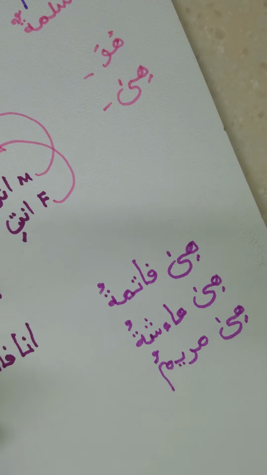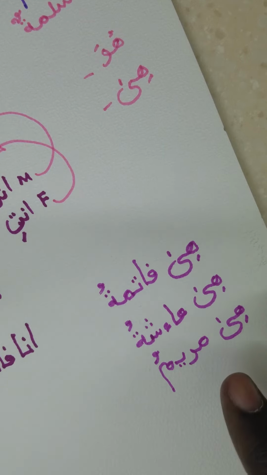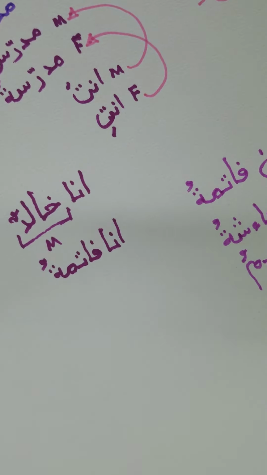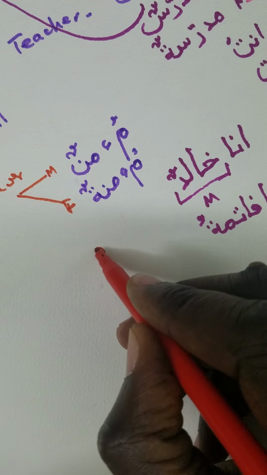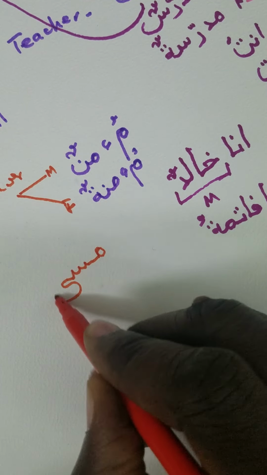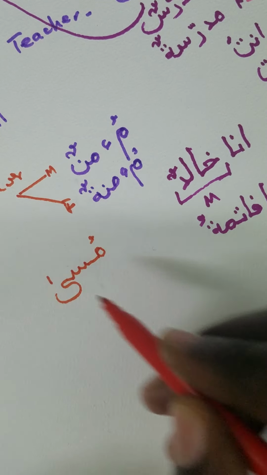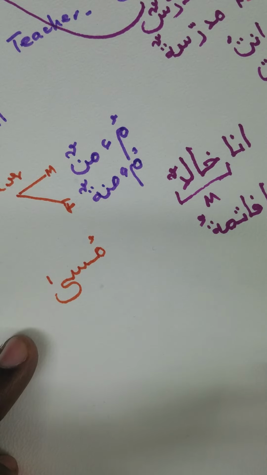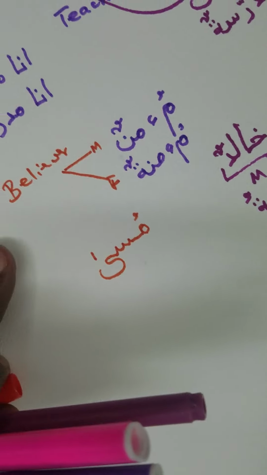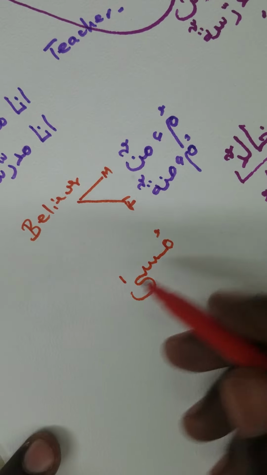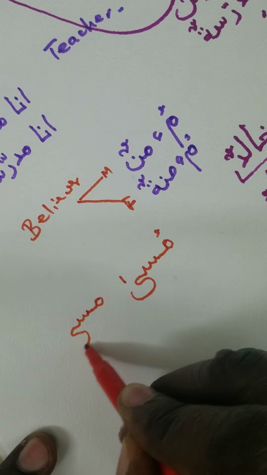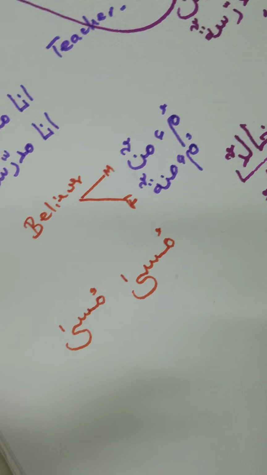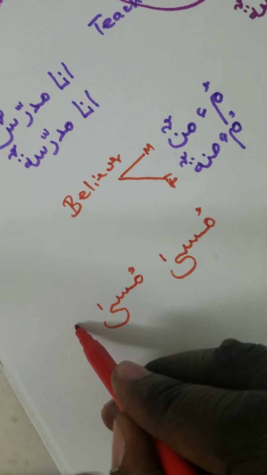And we also had some other names that will appear the same wherever they are. For example, case 1 of the name Musa. Musa, we said case 1 is going to be Musa, and even case 2 Musa, and even case 3 Musa.